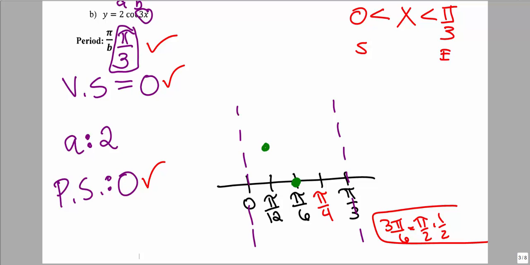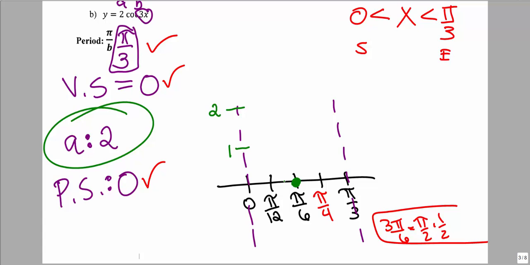And how many units do we need to go up? Let's talk about that. Well, our A is 2. That means our vertical stretch is 2. So we need to go up 2 units. So to the left, the regular value of cotangent would be to the left and up 1 unit. But because we have a vertical stretch of 2, we're going to go to the left and up 2 units.